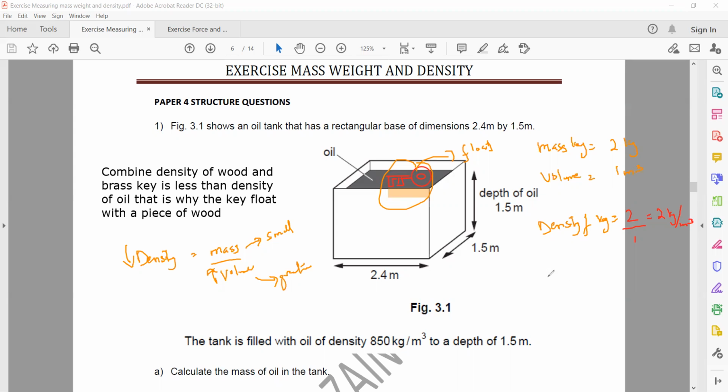Same thing if I ask what is the density of the wood. Say the mass of the wood is 2 kilograms, and the volume of the wood, because wood has low density, so its volume will be higher. Example, it is 10.